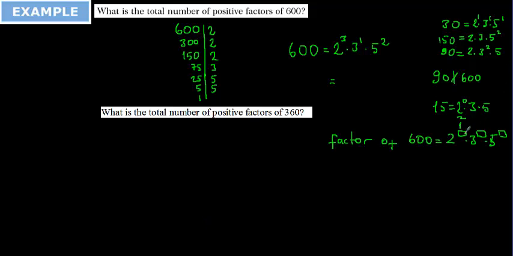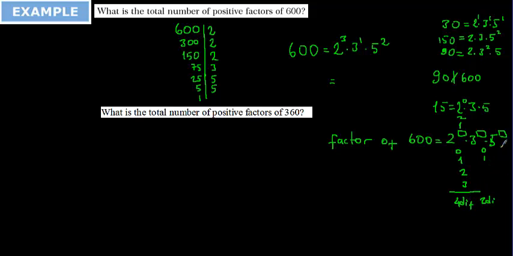For the first place we can write 4 different numbers: 0, 1, 2 and 3. For this one we can write 0 and 1, so 2 different numbers.